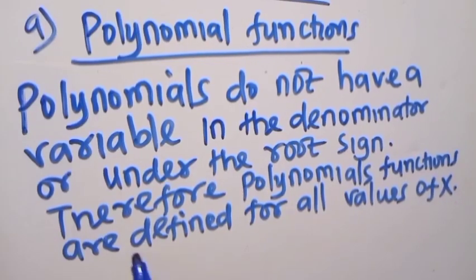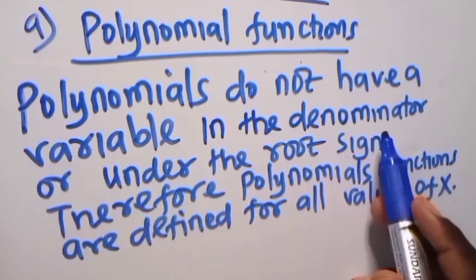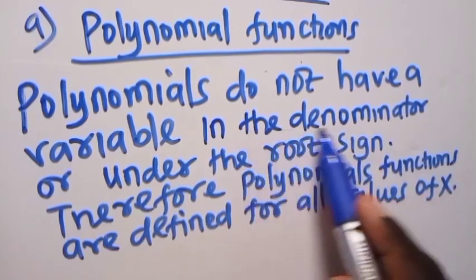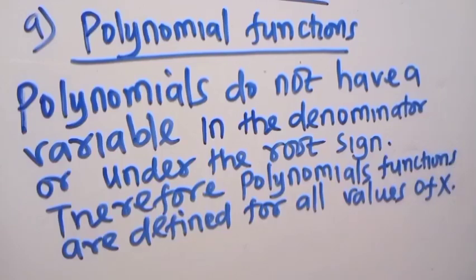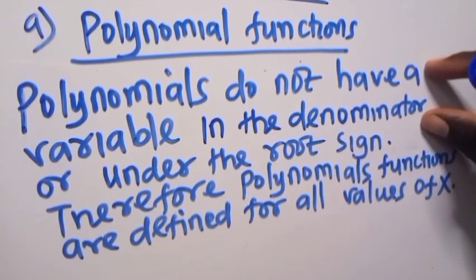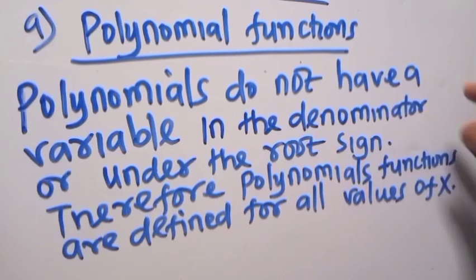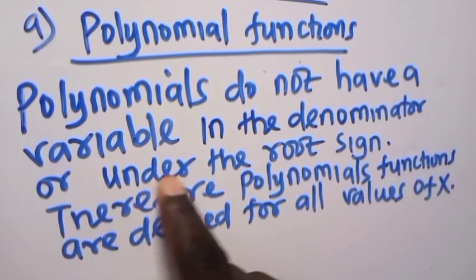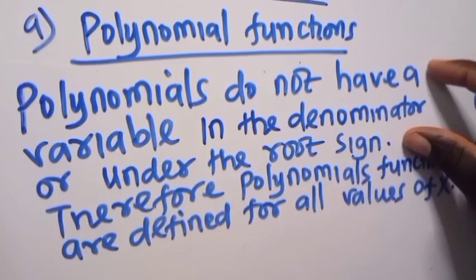That is, polynomials do not have a variable in the denominator. If they don't have a variable in the denominator, then there is no way that we can divide by 0.